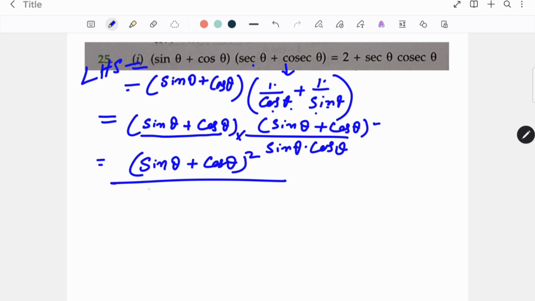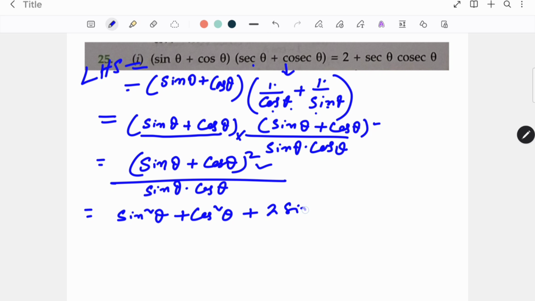and down we have sin theta into cos theta. We'll split it in a whole square formula, this upper one. You know a plus b whole square formula is a square means sin square theta plus b square means cos square theta plus 2ab. 2ab means 2 sin theta cos theta.